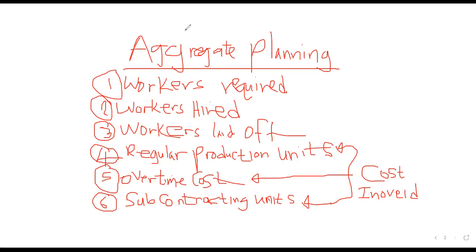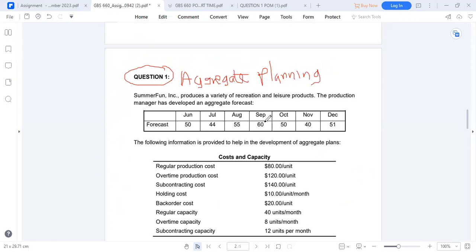Now, getting down to the question here, it says Summer Corporation produces a variety of recreation and leisure products. The production managers developed an aggregate forecast. The forecast is from June to December.